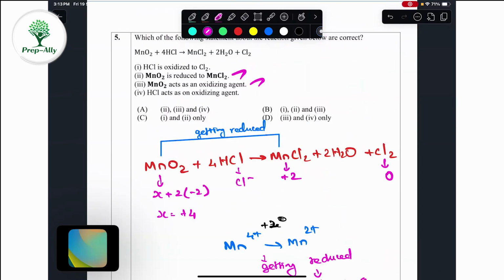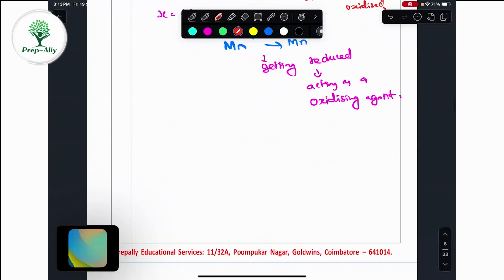And what about the first one? So you have Cl minus, and it is going from -1 to 0. How is it? Cl minus is getting oxidized, right? How? Cl minus is there, it is getting converted into Cl2, which is in 0 oxidation state. Let's say 2. Which means I have removed 2 electrons from 2Cl minus to become one molecule of Cl2.